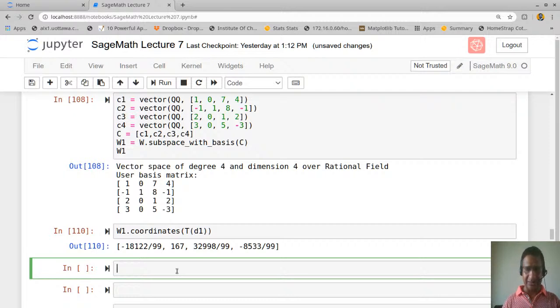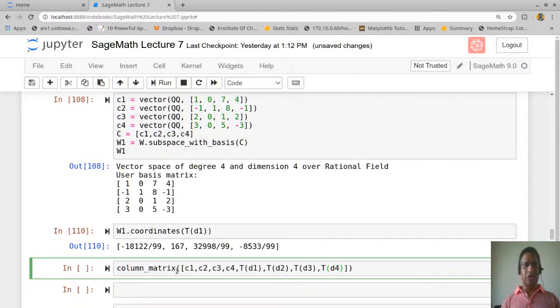So let us make a column matrix whose first column will be c1, second column c2, third column c3, and fourth column c4, and the next column will be t of d1, then t of d2, then t of d3, and then t of d4.